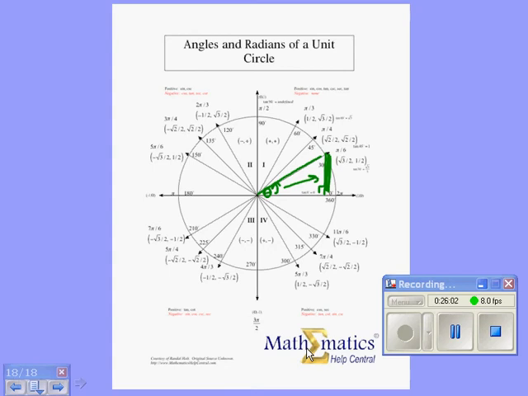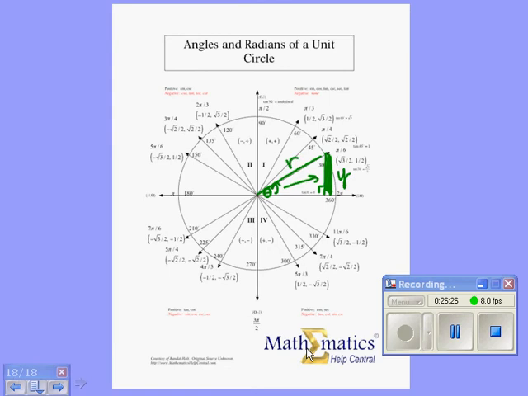Which part of my ordered pair was responsible for that vertical distance? Was it the x or was it the y? If I'm going up and down, that must be the y. Okay? So opposite over hypotenuse. Well, my hypotenuse in this case is really the what of my circle?